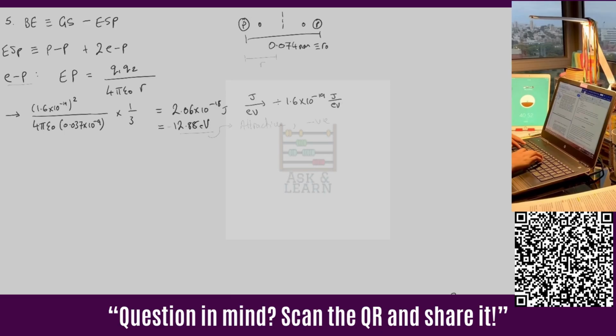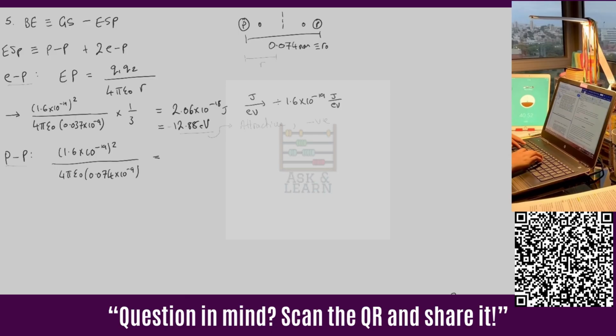So moving on to the proton-proton interaction. We have a similar calculation. Both the protons have the same charge, but instead of using half the separation, we can just use the value given to us, 0.074 times 10 to the minus 9.